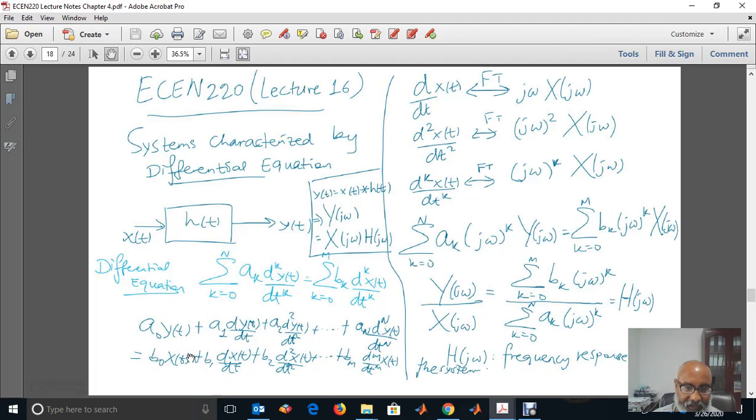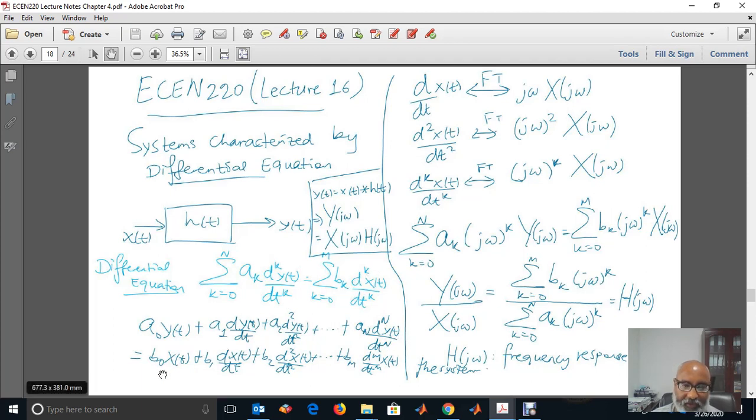Now let's go to the differential equation. When I write it in the long form, when k is equal to 0, I have a0 times y of t, because there is no derivative for y. If k is 1, a1 times the first derivative of y. If k is 2, plus a2 times the second derivative of y, plus, continuing until the last derivative, which is n: a_n times the n-th derivative of y of t by dt^n is equal to, on the right side, the input.